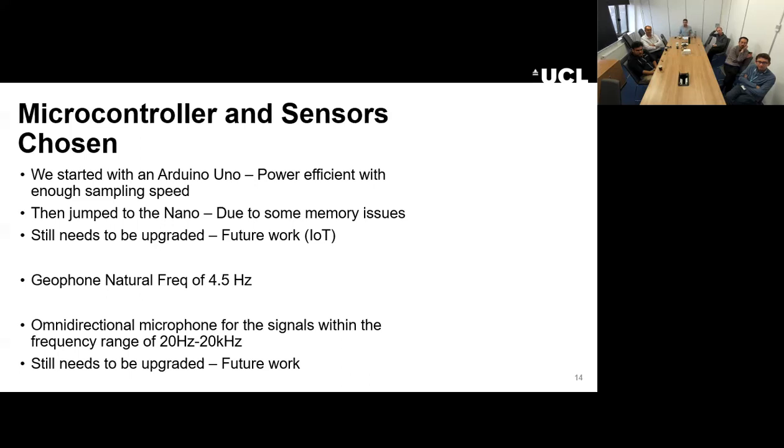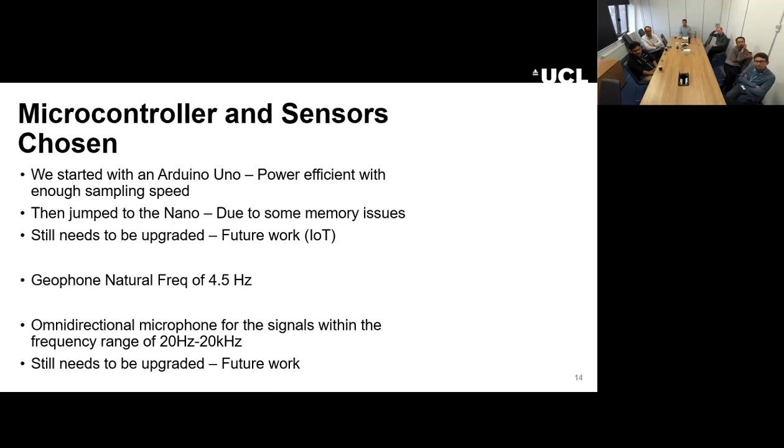As a geophone, we are using a geophone which has a natural frequency of 4.5 Hz. Natural frequency for the geophone means the frequency above which the geophone can sense. So a lower natural frequency means better frequency detection, and the one that we are using has quite a low natural frequency.